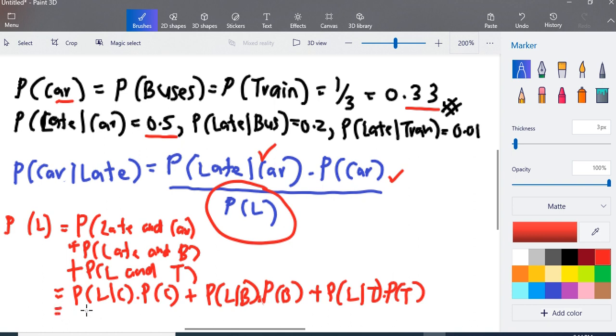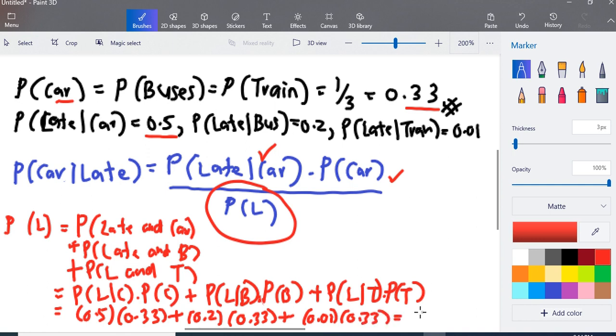All this information is given. So P(late given C) is 0.5 times 0.33, plus 0.2 times 0.33, plus 0.01 times 0.33, and when you calculate, you get the figure here.